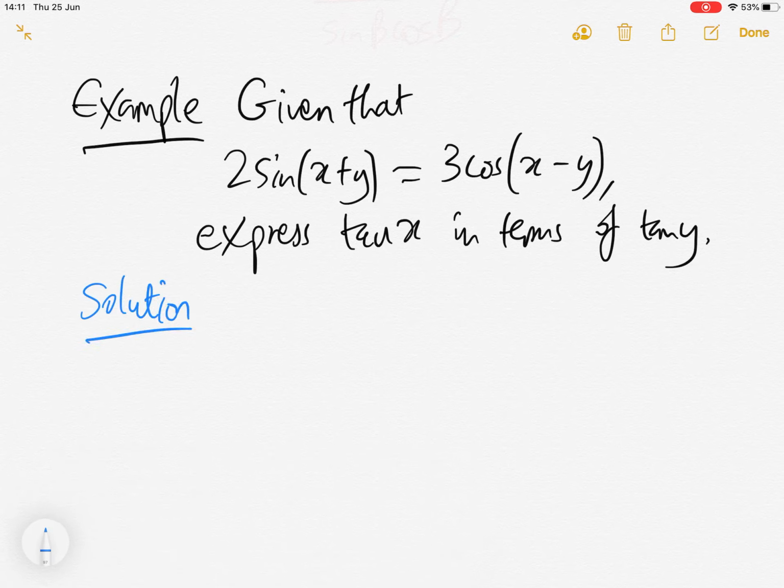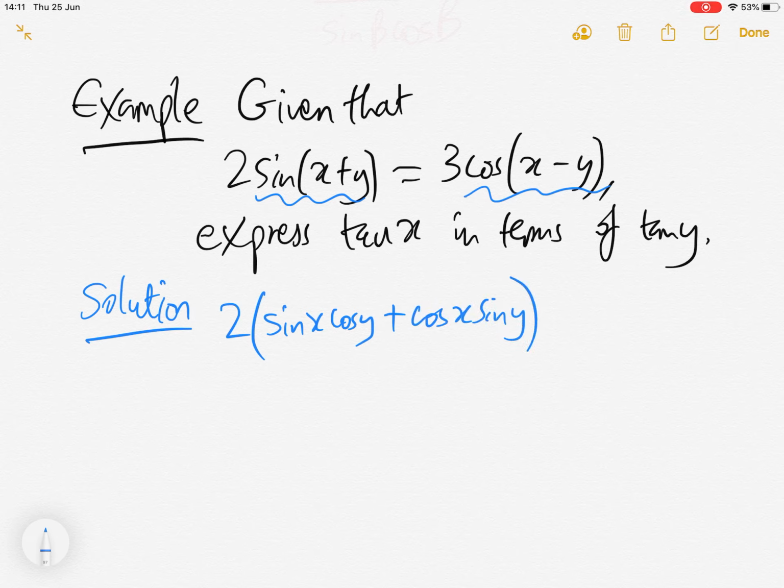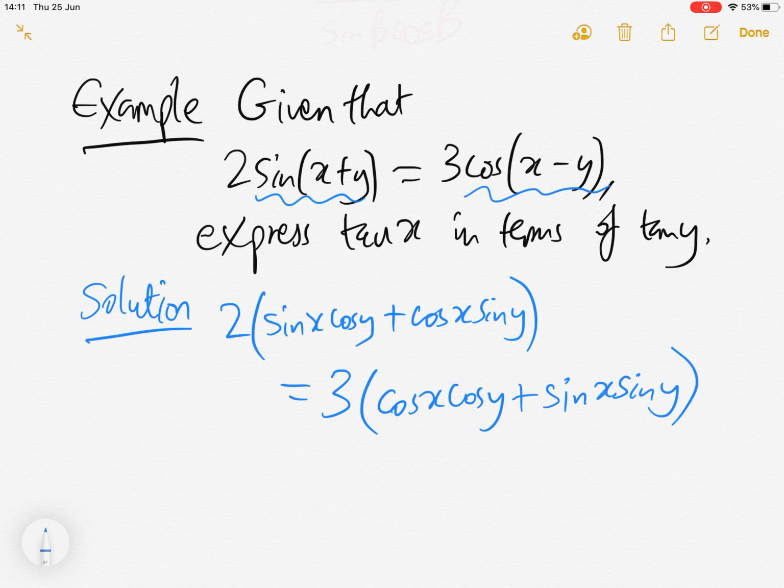Obviously we're going to have to use the addition and subtraction formulas. So a first step would be to rewrite everything using the sine x plus y formula and the cos x minus y formula. So sine x plus y is sine x cos y plus cos x sine y. And then the other formula, cos x minus y, is cos x cos y plus sine x sine y.